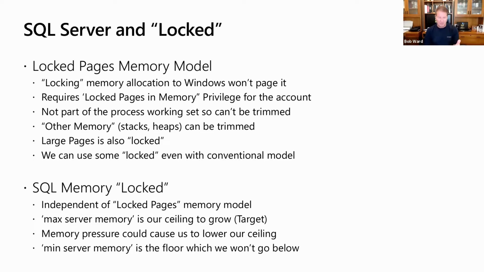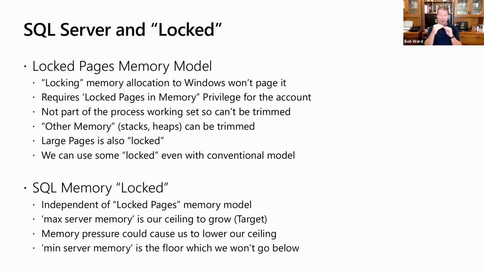Okay, what about SQL locking memory? What does that even mean? Independent of the lock page model, just forget about what model you're using. Max server memory is a ceiling where we won't grow, but min is the floor we won't go below. So min is a way you can lock SQL's memory within the SQL memory management system.